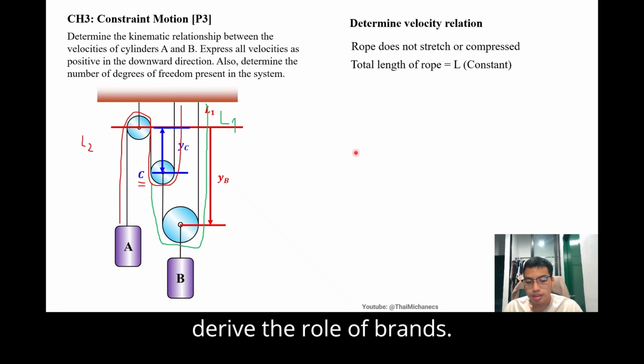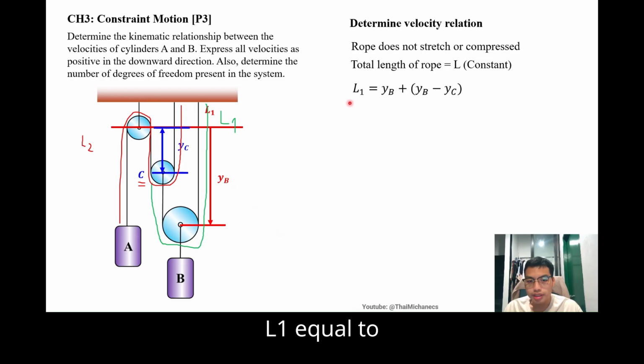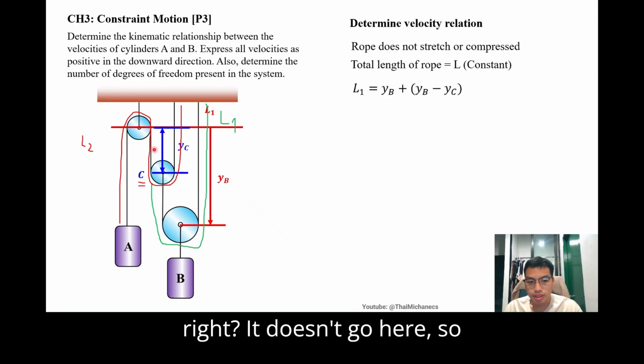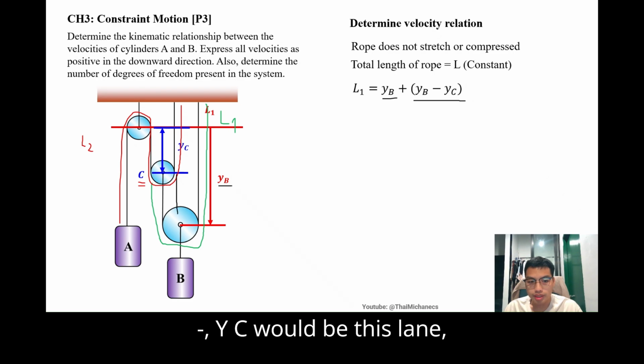So to derive the rope length, L1 equals YB plus YB minus YC, because the rope is only going on here and here, right? It doesn't go here. So YB will be this length, and YB minus YC will be this length.